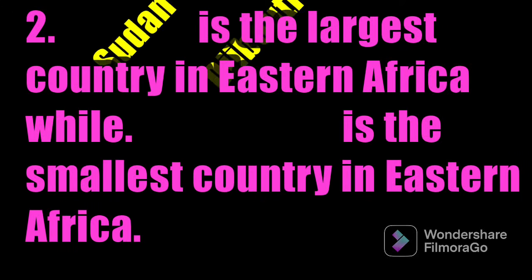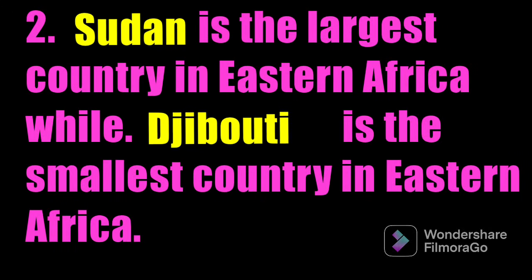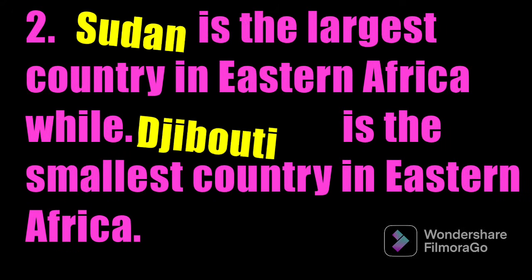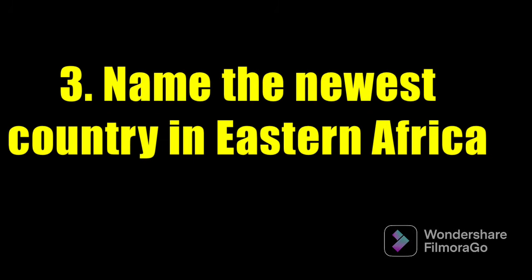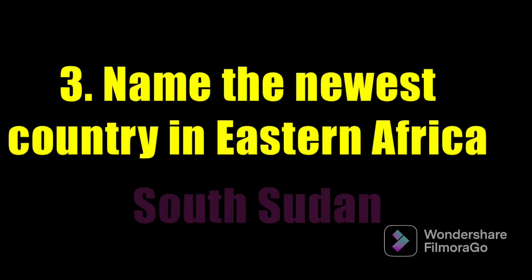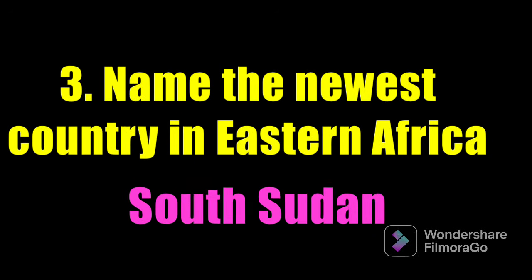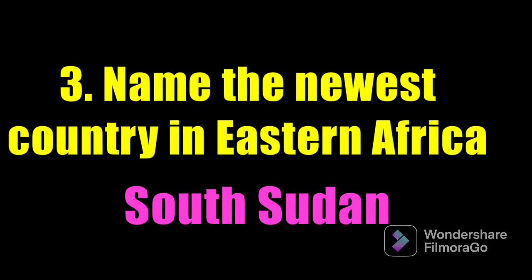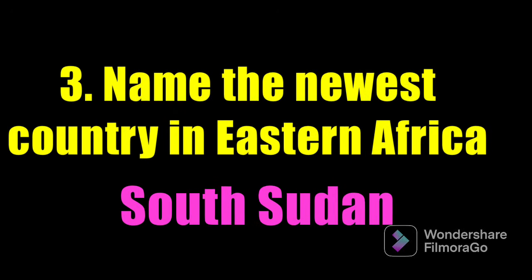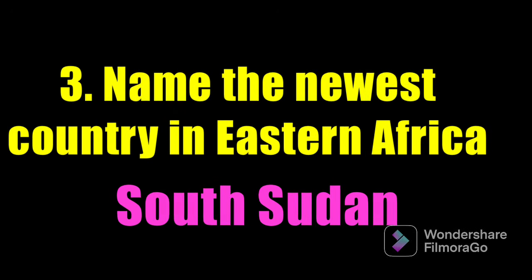Sudan is the largest, while Djibouti is the smallest country in Eastern Africa. Name the newest country in Eastern Africa. South Sudan. South Sudan is the newest country in Eastern Africa after gaining its independence in 2011.